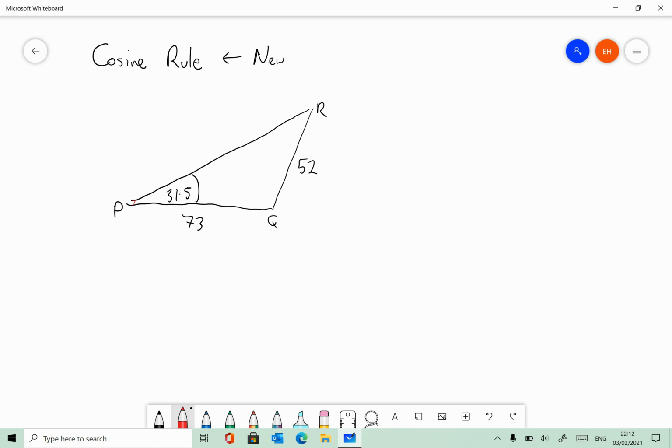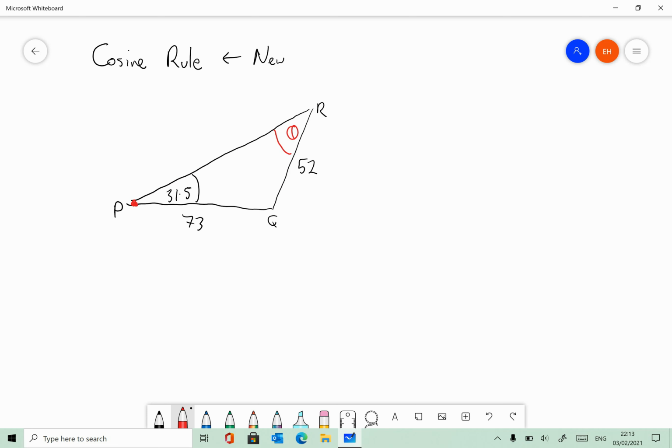So we're going to start at P. We're asked to find P or Q. So we then go P, we then go up to or, and then back down to Q. So we're talking about this angle up here. That's the angle we're looking for.